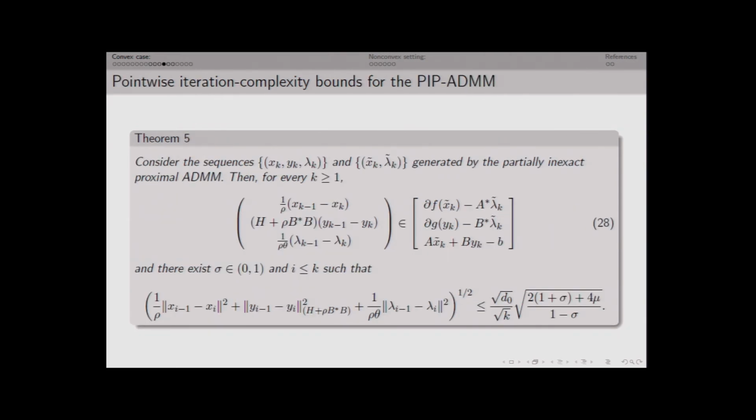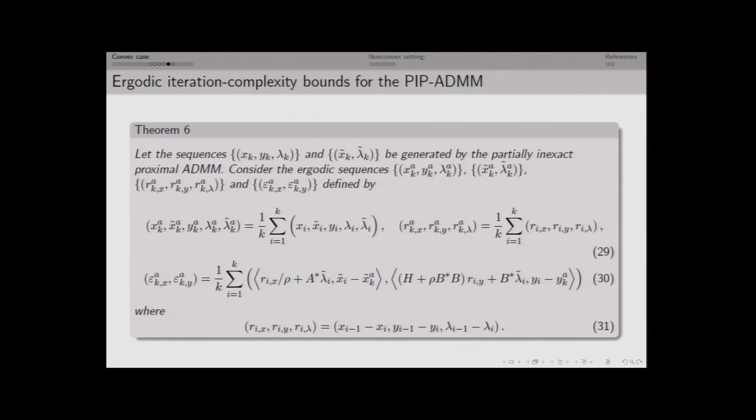So in this sense, we can put the ADMM in this context. Of course the expressions are a little bit more complex, but it's still the same idea: you just apply this Hpe framework and we have the iteration complexity.